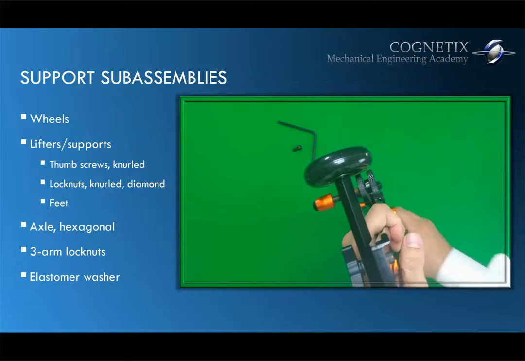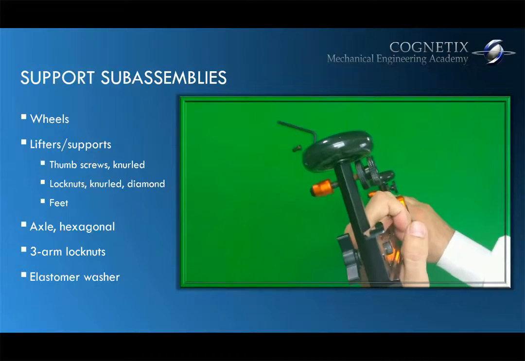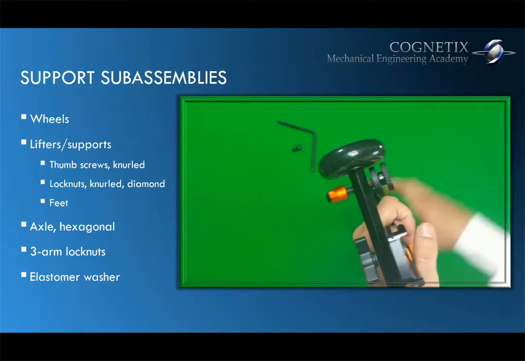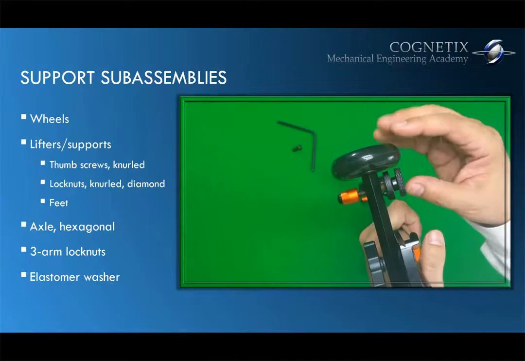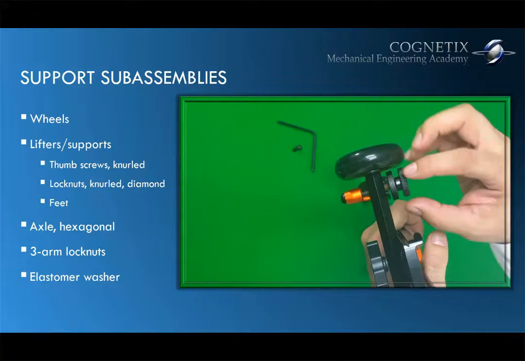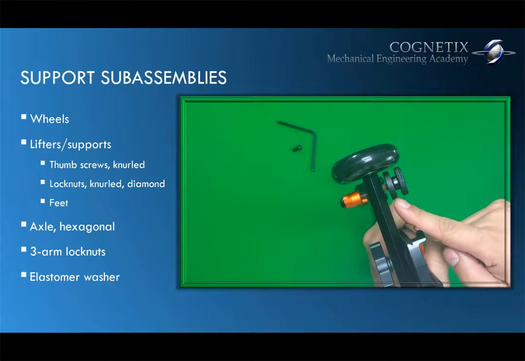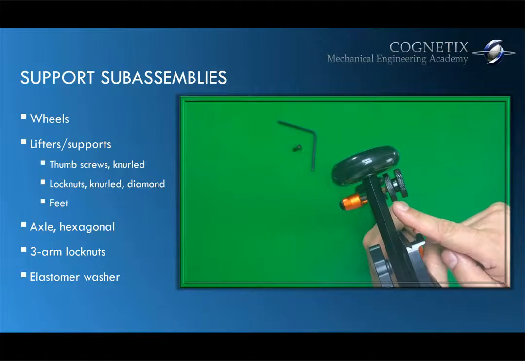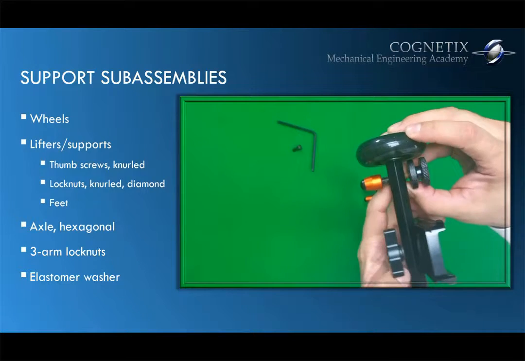And you can imagine that the whole thing is going to wobble on a camera, and that wobble may be revealed and affect the performance of your video. So what they have provided here is a lock nut. This one down here is a lock nut that spins separately from the thumb screw. So I'm going to go ahead and do that.